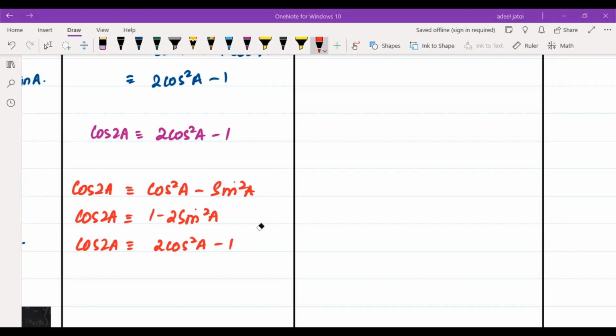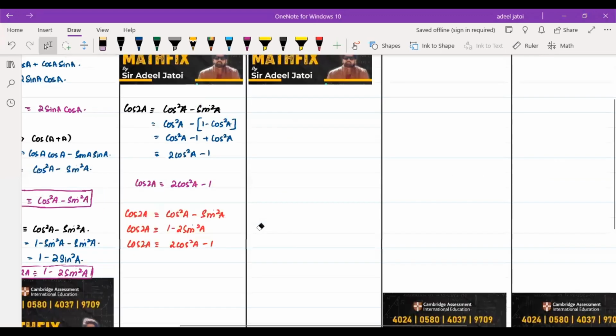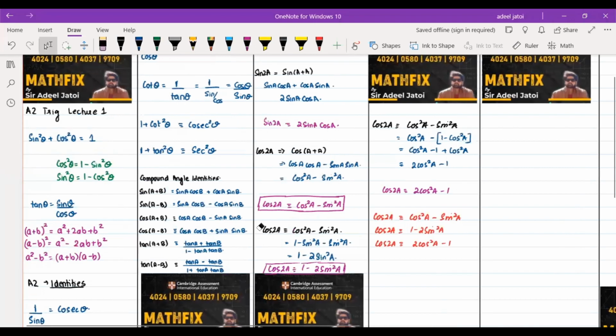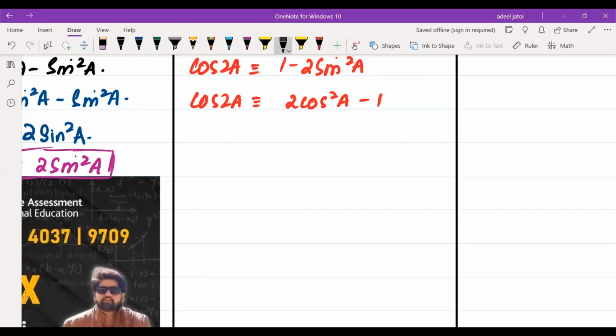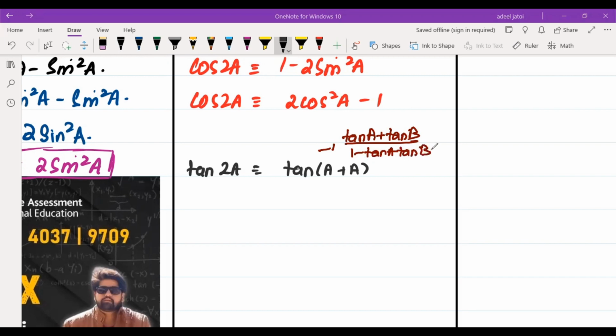With respect to this, we can also have the identity of tan 2A, which means this should be written as tan of A plus A. Similarly, the normal identity for this was tan A plus tan B upon 1 minus tan A tan B. But instead of B, now we'll be writing down A because of this 2A procedure.